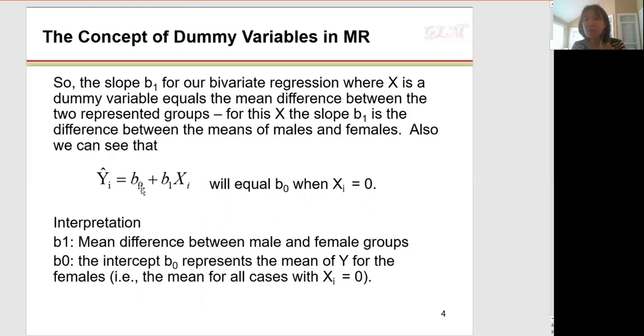So if you take B0 plus B1 minus B0, then the leftover is B1. So B1 is the mean difference between male and female in terms of Y. Okay, let's read this one. B1 is the mean difference between male and female in Y. B0 is the intercept. B0 represents the mean of Y for the female as a reference group because you plug 0 for female.